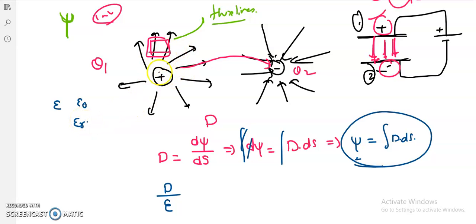So if it is free space, then I can write that D divided by epsilon is epsilon naught.